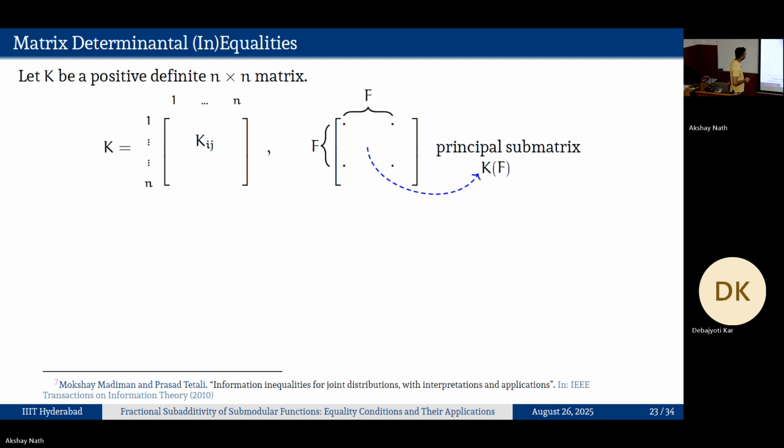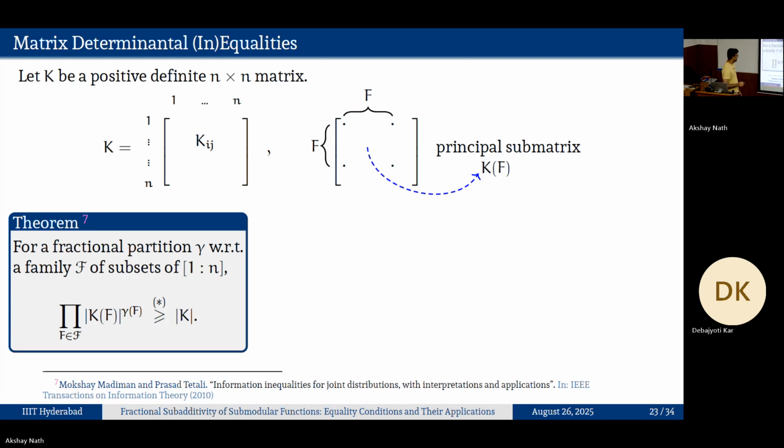One of the important things that Madhavan Tetali first pointed out is that all of these inequalities reprove matrix determinantal identities in a much simpler form. So this is a fractional subadditive for a fractional partition gamma and a family of subsets of 1 to n. This thing is true. The star is just pointing out this inequality, but it's not saying much more.